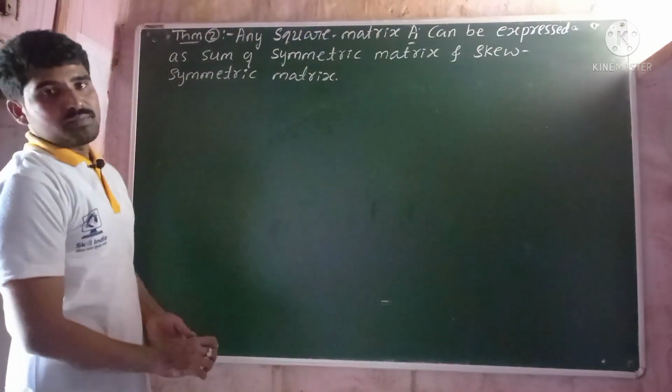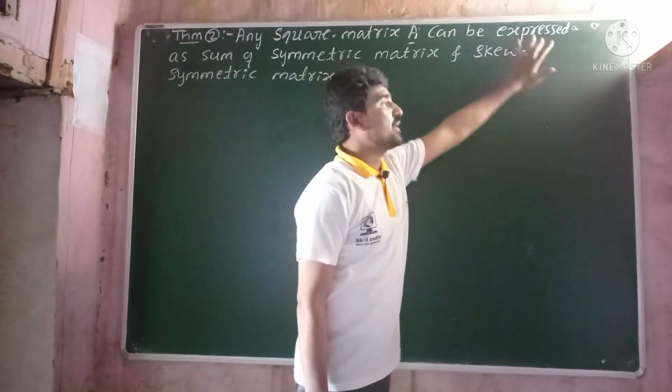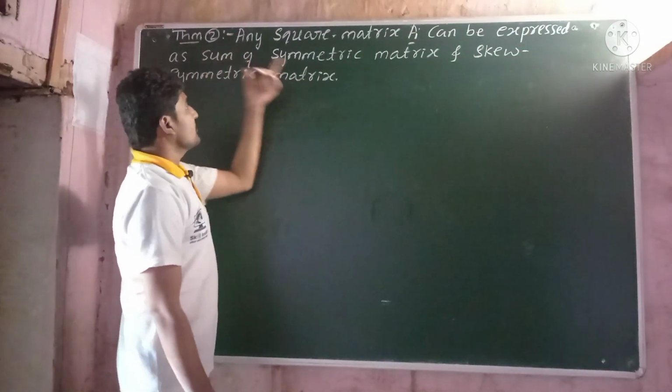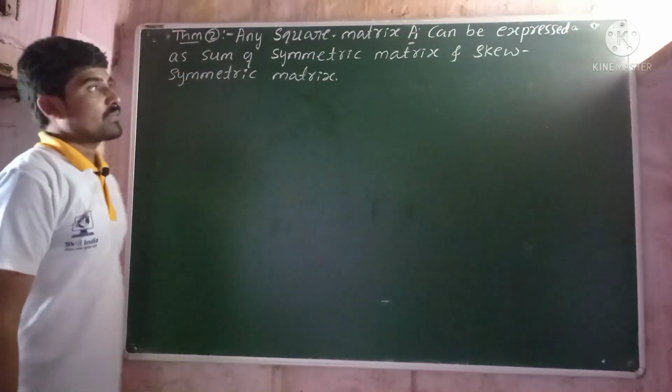What is the statement of this theorem? Any square matrix A can be expressed as sum of symmetric matrix and skew symmetric matrix.